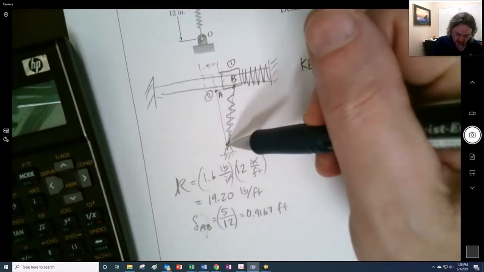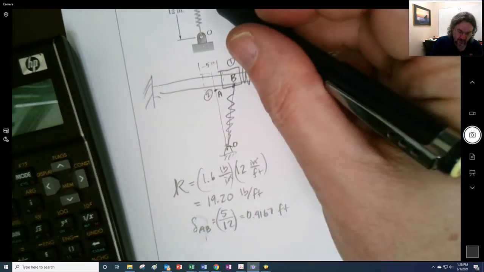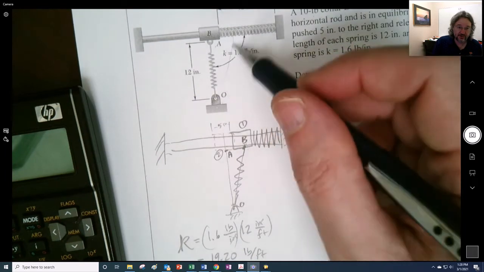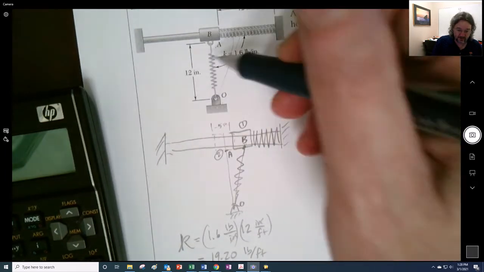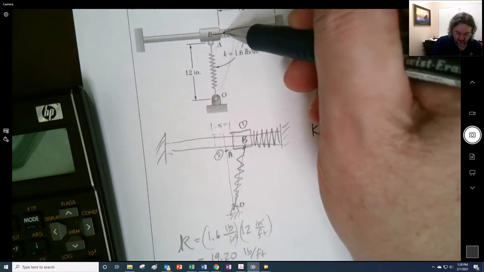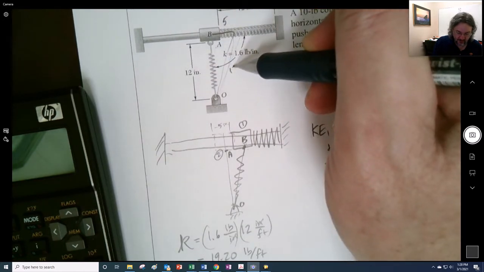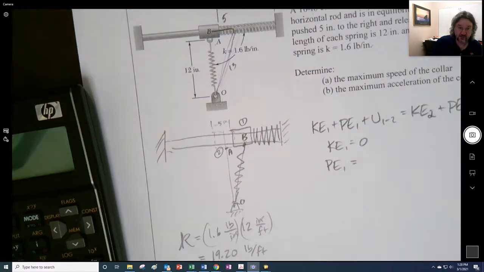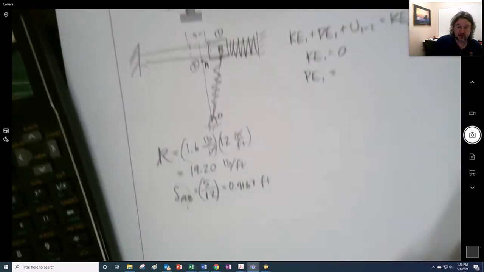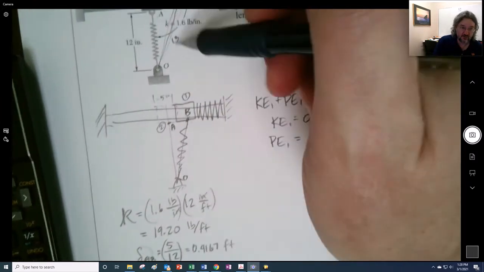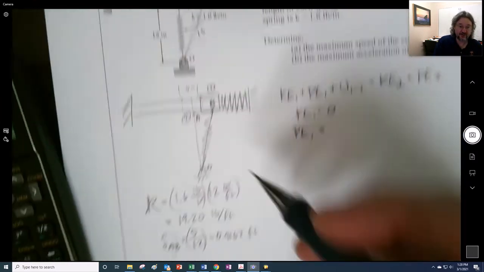Now this other one, we have an unstretched length of 12 right here, but now it has just moved over here. So it has moved a certain amount. So how much did it move? Well, if you do the math right here, you find out we get a 5, 12, 13, which is a standard triangle right here. So it's 13 inches long here where it was 12 over there. So it has changed.